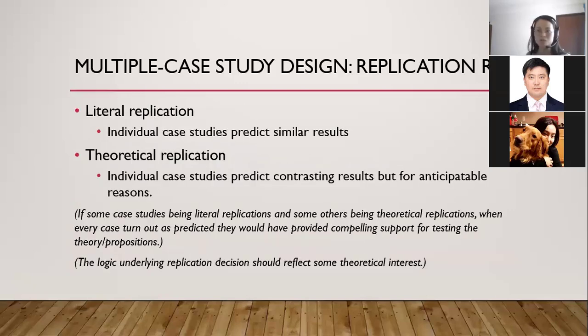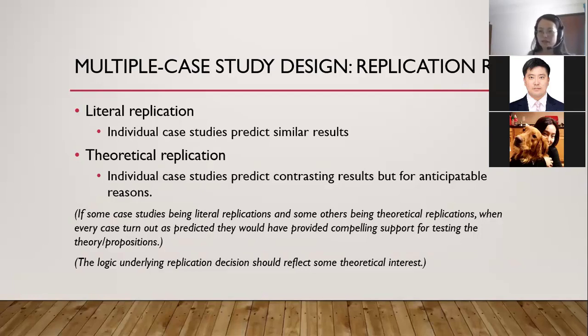That's very important when you do multiple case study design. There are 2 rules. One is literal replication, one is theoretical replication. Literal replication means the individual cases you select, observe, and study predict similar results. So it's like repeating, actually proving the same thing.